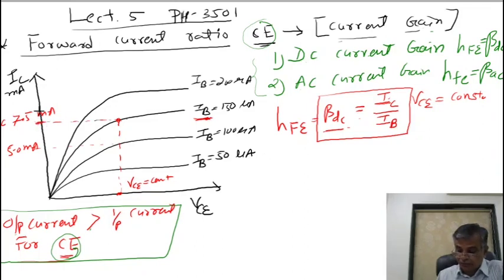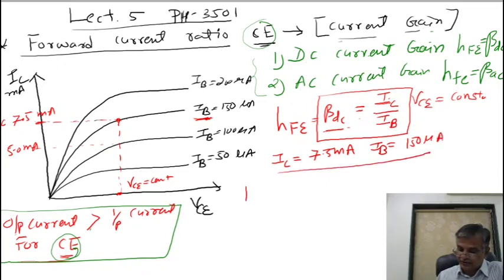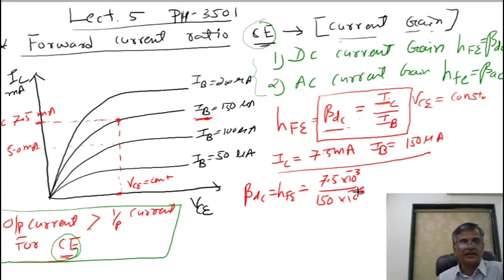So from the graph, I can say IC is equal to 7.5 milliampere. That is DC, no variation. The base current is 150 microampere. So from this data, you can calculate beta DC or HFE, which is 7.5 milliampere, converting to ampere, divided by the base current 150 into 10⁻⁶.